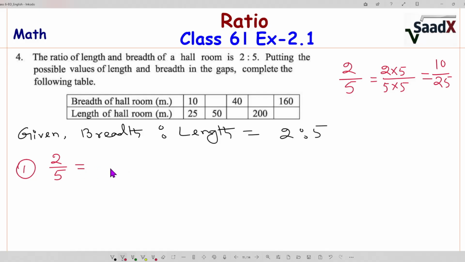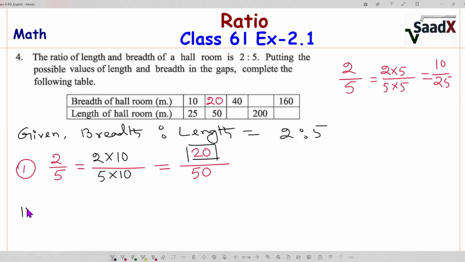Look, this is our fraction and here 50 is mentioned in the denominator. So what about the numerator? 5 times 10 is 50, therefore 2 times 10 is 20. So our answer here is 20.